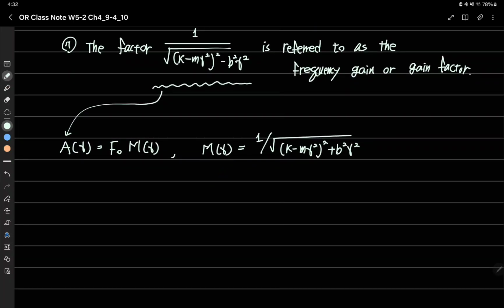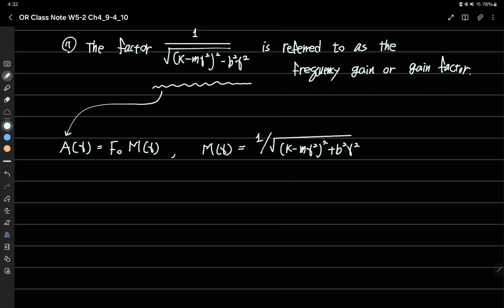Look at this, M of gamma. k and b are fixed, right, as the parameters. So we want to investigate this by varying the value of gamma, which is the angular frequency of the external force.